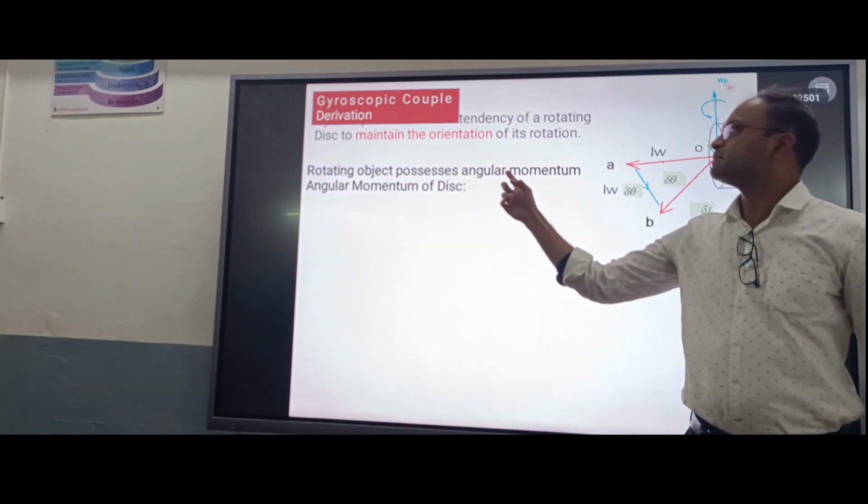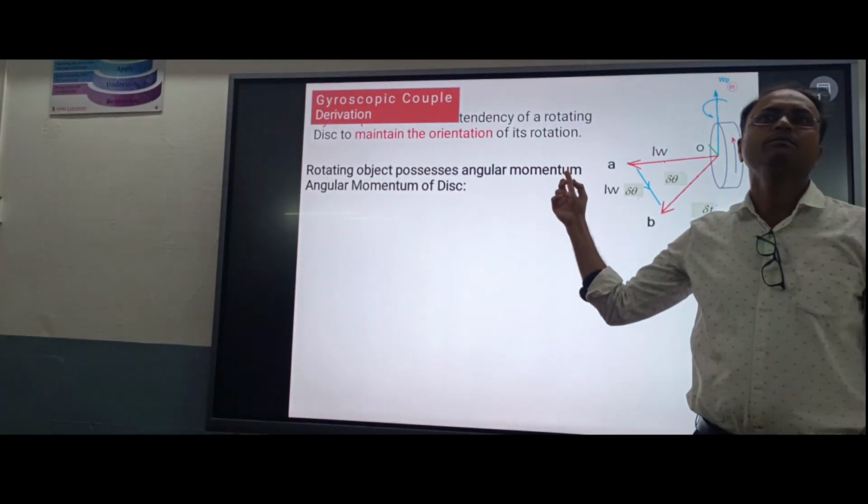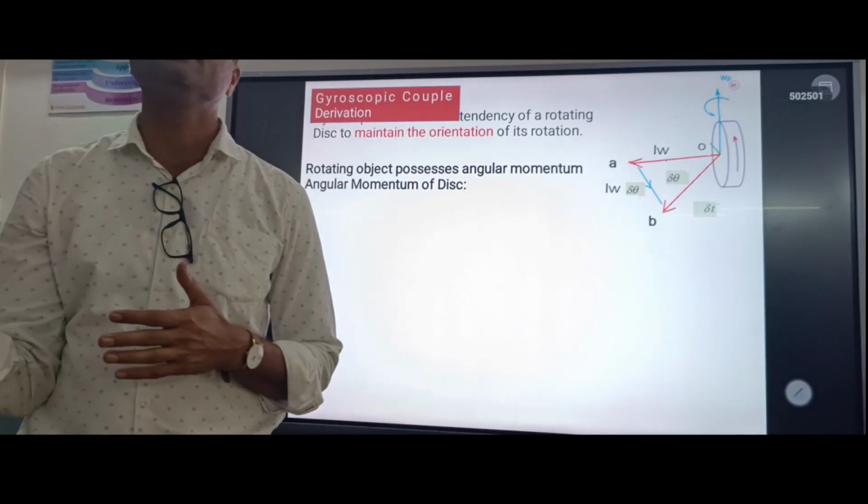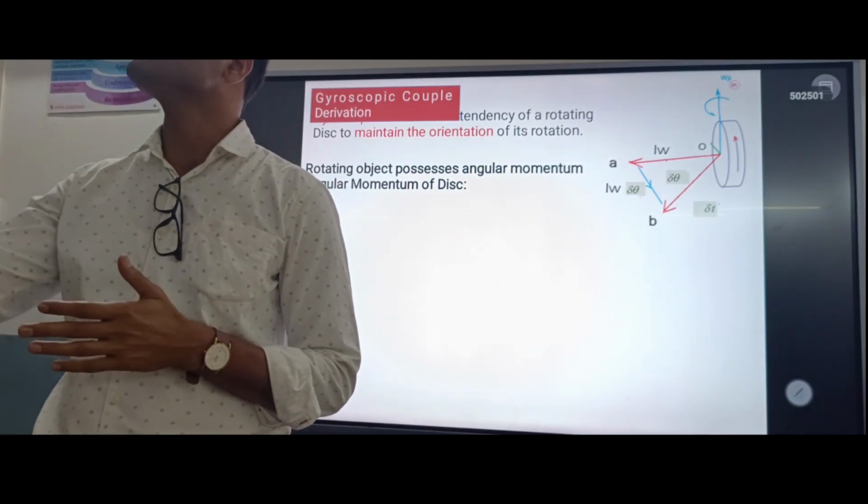Every rotating object possesses angular momentum. Now, what is momentum? Mass into velocity. Mass into velocity is called momentum.